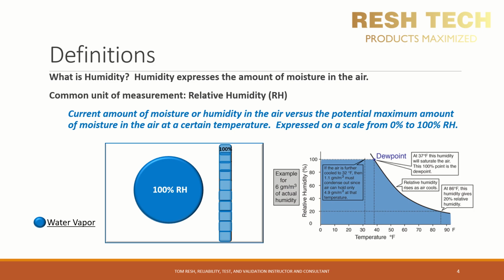In the graph example, you can see that at 37 degrees Fahrenheit, the dew point has been reached and relative humidity is 100%. However, take a look as you go higher in temperature. Notice that in this example, the dew point begins to drop, which signifies that the dew point is lower than the ambient temperature, which results in a decrease of the relative humidity, where the humidity level is compared to its maximum saturation point of 100% RH.